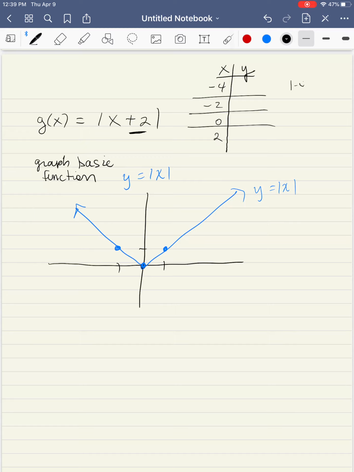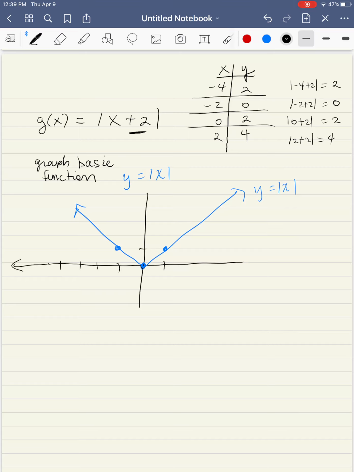If I plug in negative 4 plus 2, absolute value of negative 4 plus 2 is negative 2. Absolute value of negative 2 is 2. Negative 2 plus 2 is 0. Absolute value of 0 is 0. Absolute value of 0 plus 2 is 2. And the absolute value of 2 plus 2 is 4.